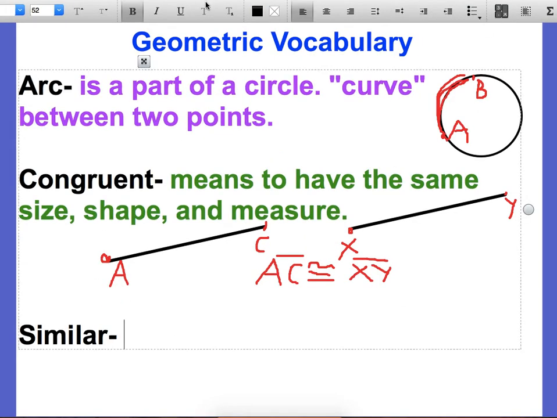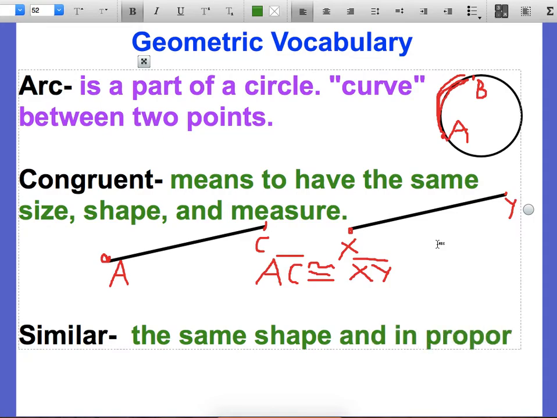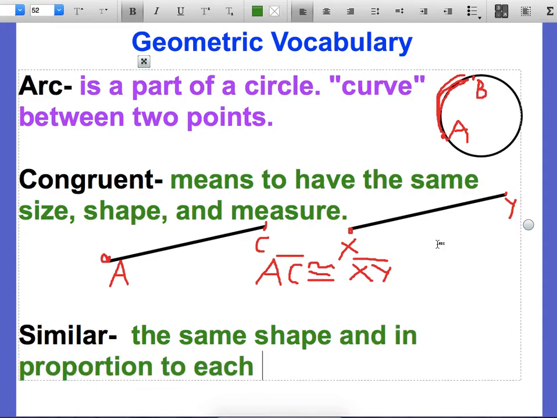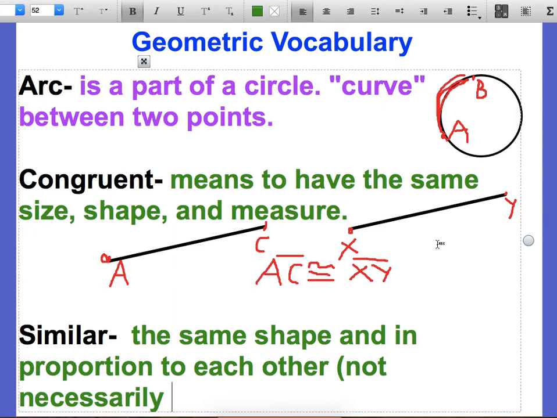All right, similar, along the lines of congruent, but not exactly. It means to be the same shape and in proportion to each other. The important thing here is that it's not necessarily the same size.